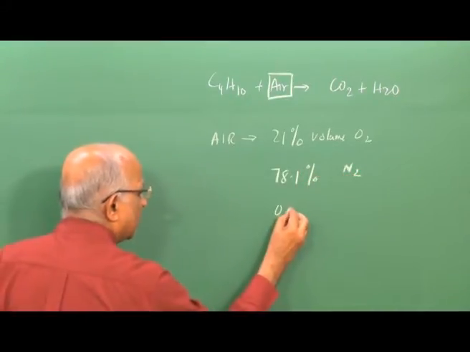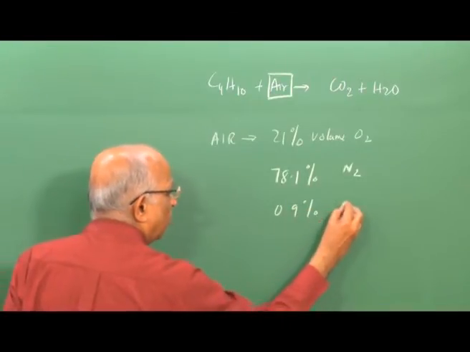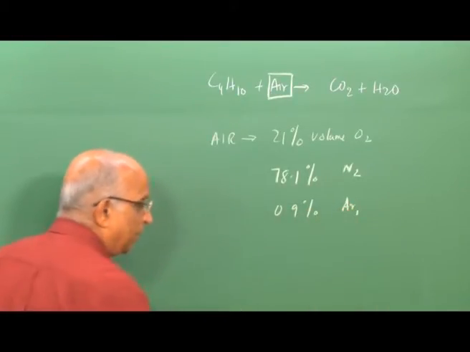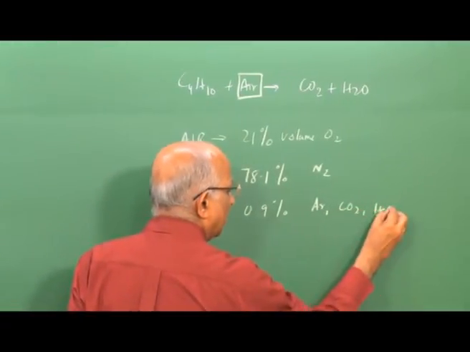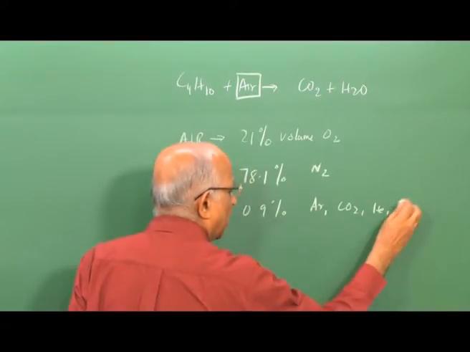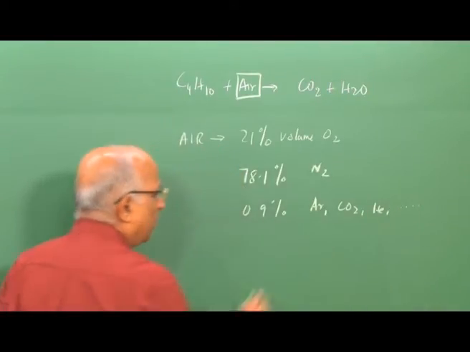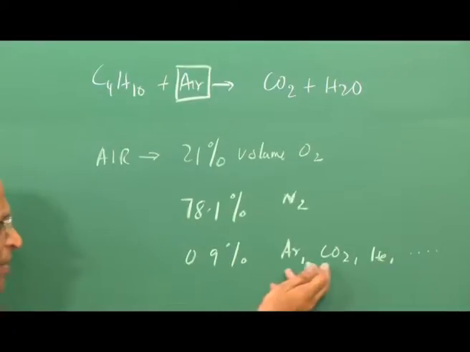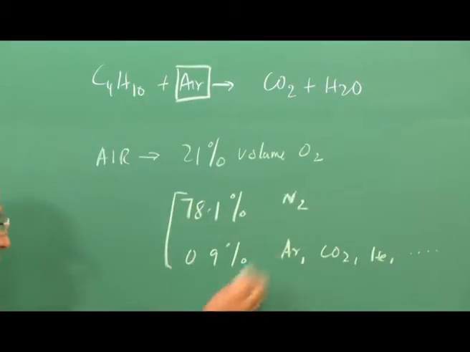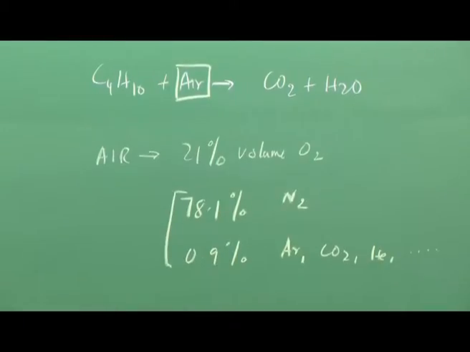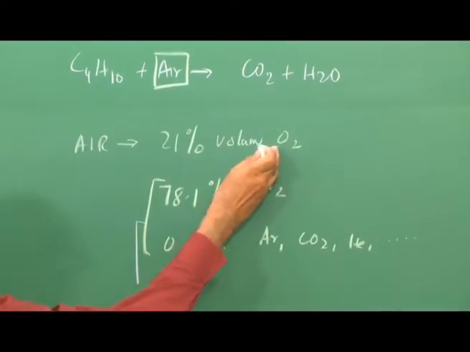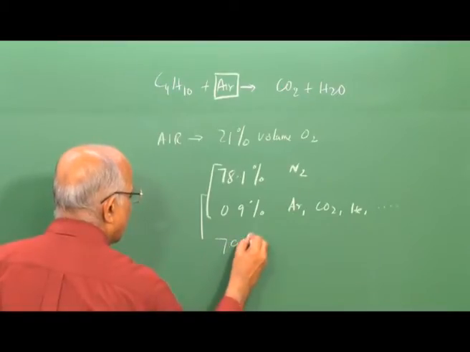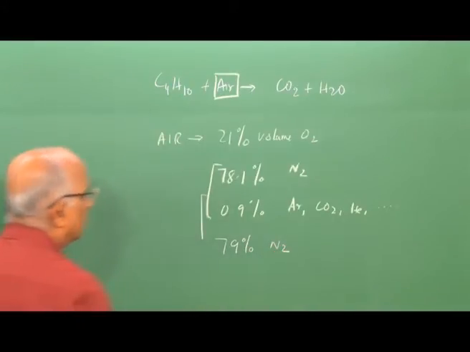It also contains something like 0.9% of other gases like argon, and depending on the environment it could contain some CO2, helium, xenon and so on. These are not reactive gases, they are all inert gases, and therefore I can combine the nitrogen with the inert gases and say that air consists of 21% by volume of oxygen and 79% by volume of nitrogen.